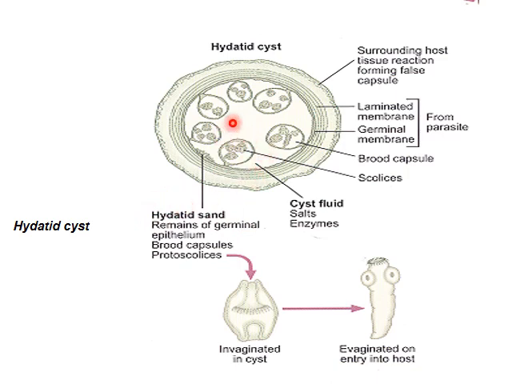While all these brood capsules are surrounded by hydatid fluid. This fluid is clear, it is pale yellow in color, and a very important point of this fluid is that it is highly antigenic. It is toxic and it is anaphylactic.